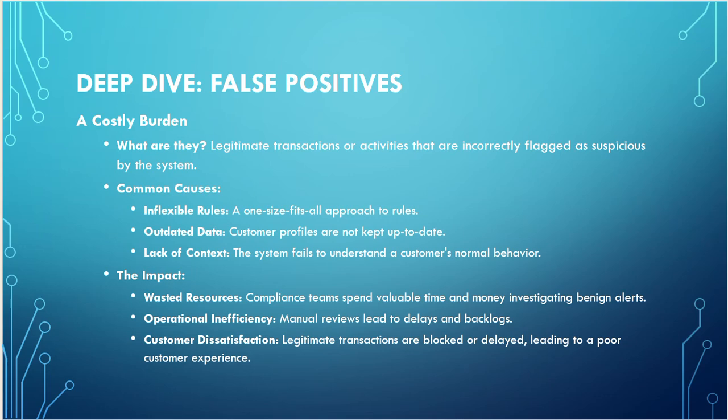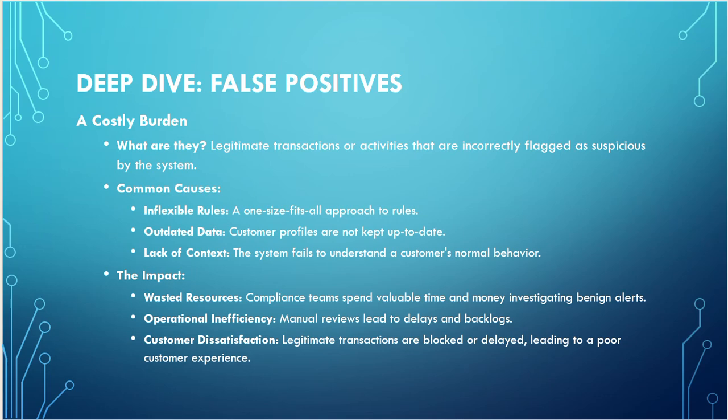The compliance team, operations team, business team or IT team need to spend their valuable time and money investigating whether the alert is genuine or not. So we want to reduce false positives and increase true positive rates. Another impact is operational inefficiency: manual review leads to delays and backlogs of false positives or true positives, and we are not able to identify the genuine fraudulent transactions.